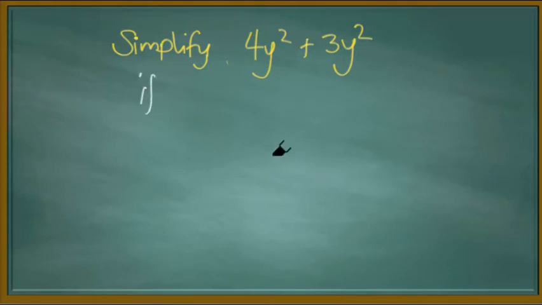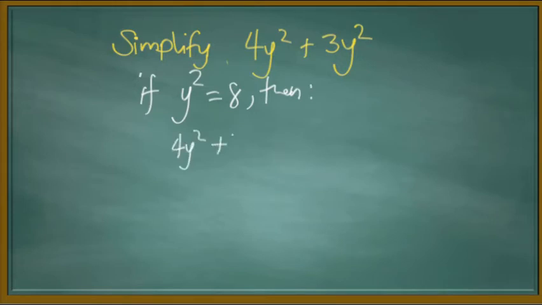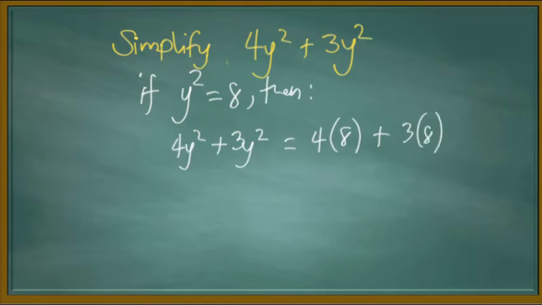Again, if we suppose that y squared is equal to 8, then we have 4y squared plus 3y squared to be equal to 4 times 8 plus 3 times 8. 4 eighths added to 3 eighths is 7 eighths, or 7 times 8.